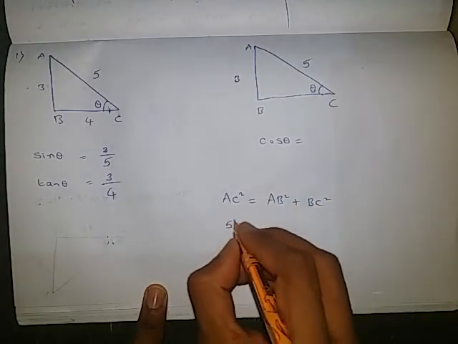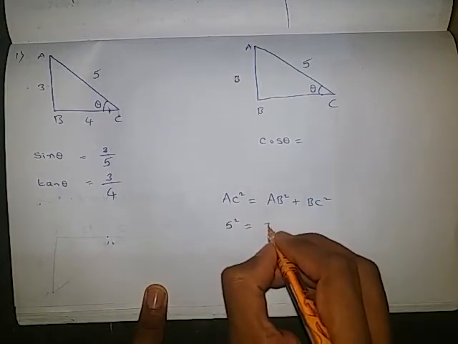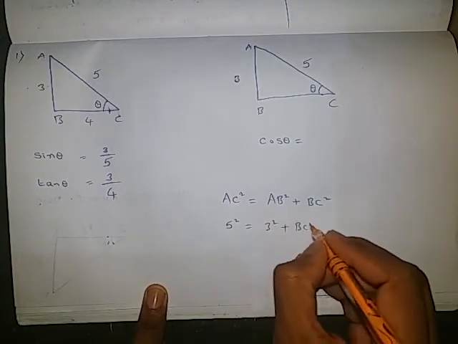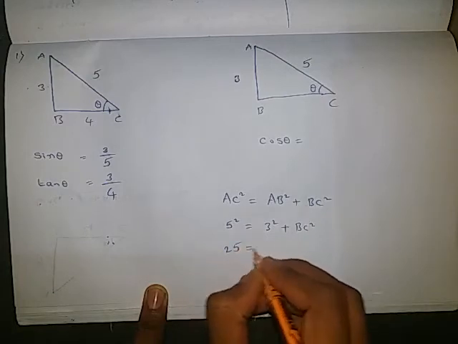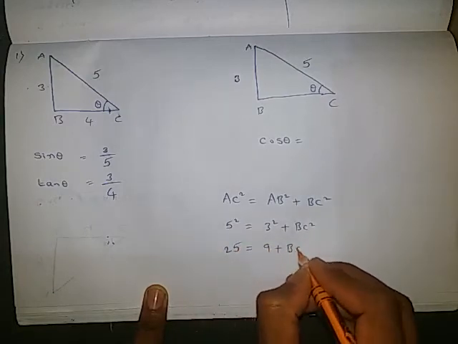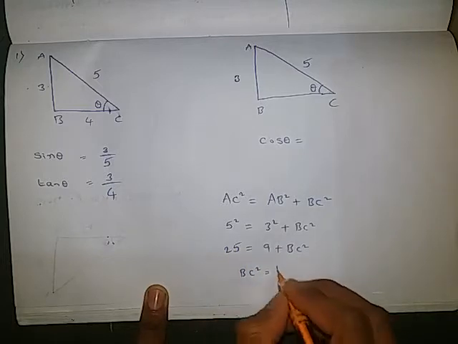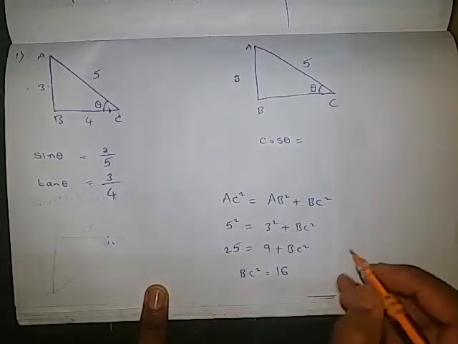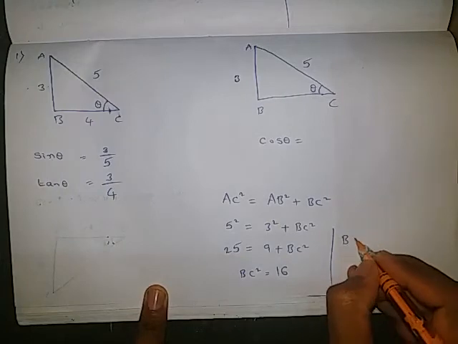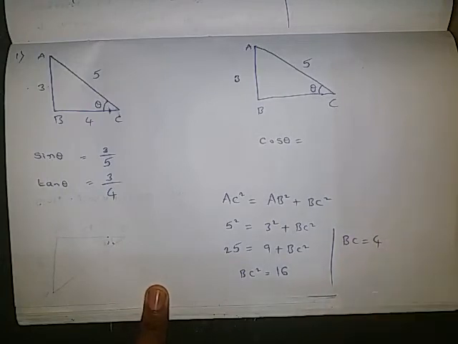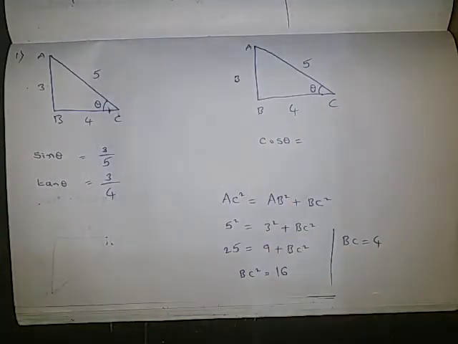AC is 5, so 5 square is equals to AB is 3 square plus BC square. 5 square 25 is equals to 9 plus BC square. So BC square is equals to 25 minus 9, 16. BC square is 16. So BC is 4 units.